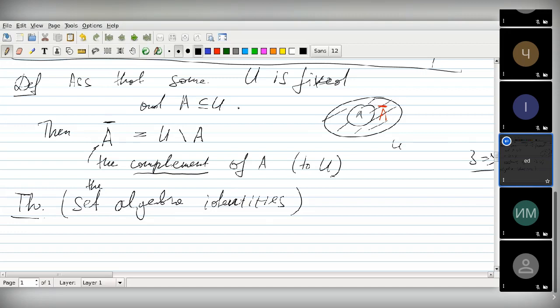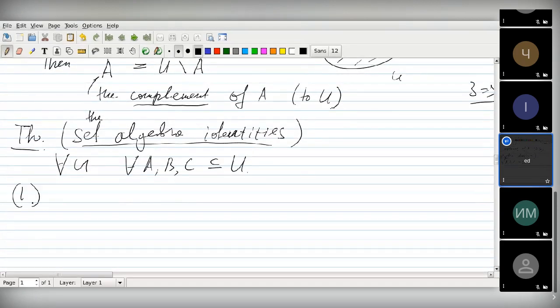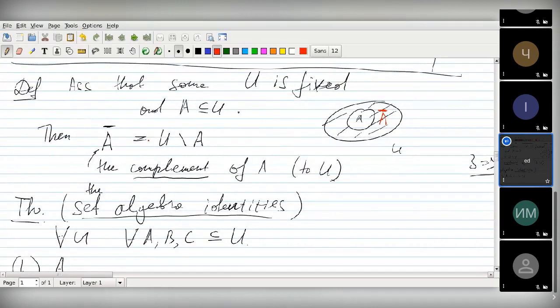The set algebra identities. For each U, for every A, B, C which are subsets of U, we have the following. Some statements, in fact, do not depend on the universe, on this U. By the way, this U is usually called the universe.